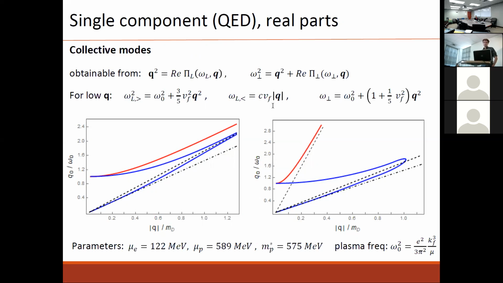And then you can do the same thing for the transverse mode. So in total, you find a spectrum of 3 modes: 2 longitudinal ones, the plasma mode and the sound mode, and the transverse mode. On the left, you see the system for a single component plasma comprised of electrons, and on the right, you see it for protons.